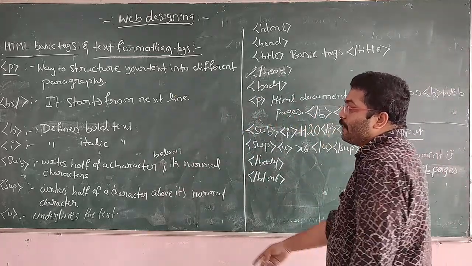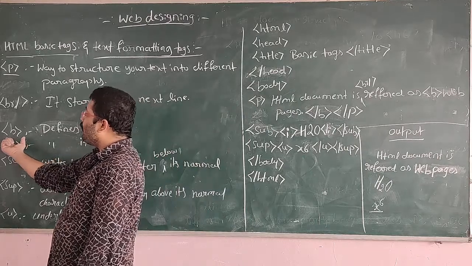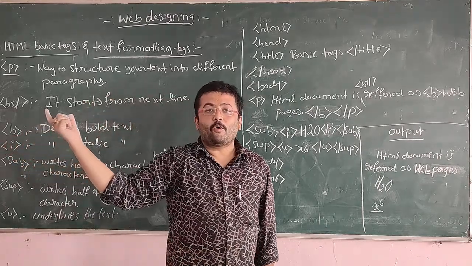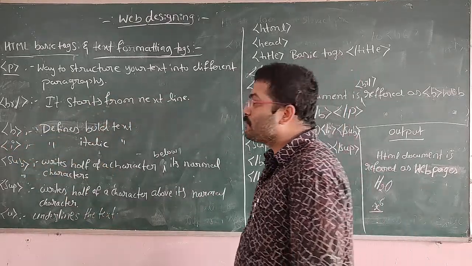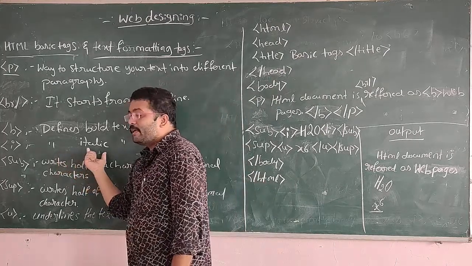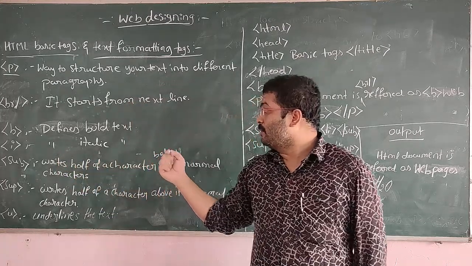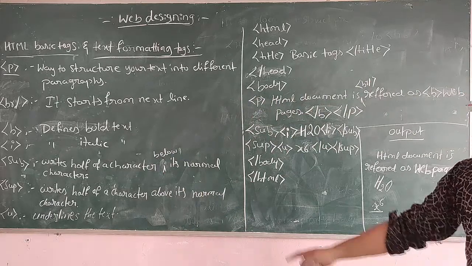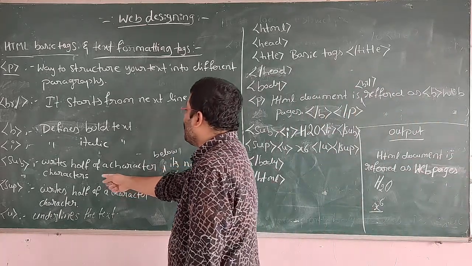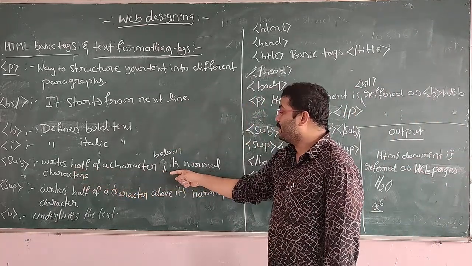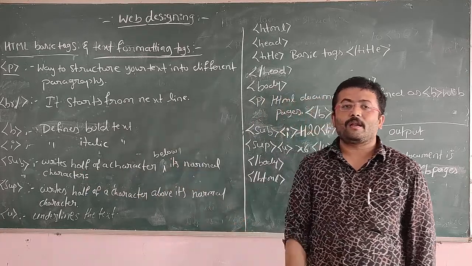So next, the B tag is used for defining bold text and the I tag is used for defining italic text. The sub tag indicates writes half of a character below its normal character.